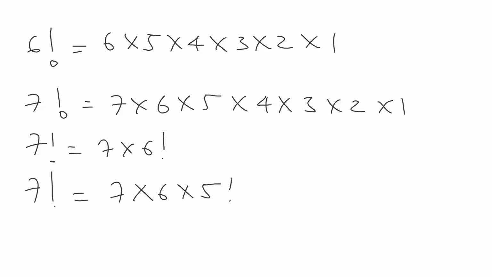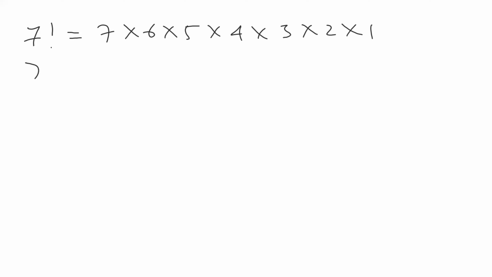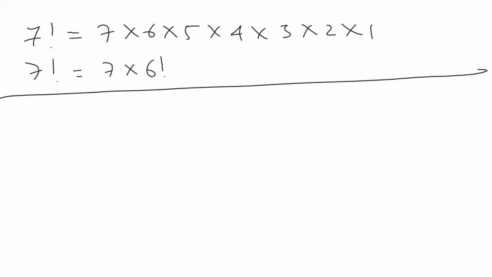So the next concept which I would like to share over here is, once again I'll write this for you. 7 factorial is 7, 6, 5, 4, 3, 2, 1, or 7 factorial can also be written as 7 into 6 factorial.